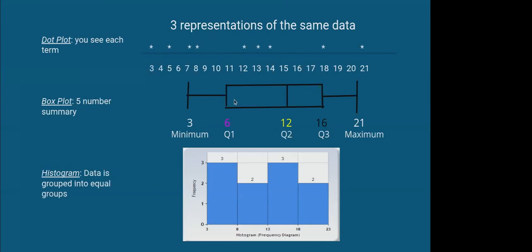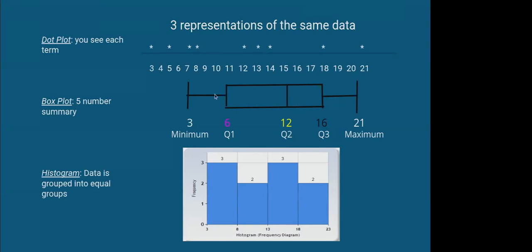You also know because of this box, and you might want to add this to your notes, this box between Q1 and Q3, that is 50% of the data. Because remember, they are called Qs because they are quartiles. There are 4 parts.